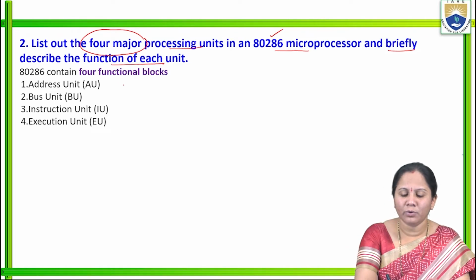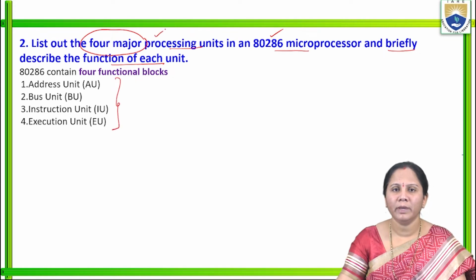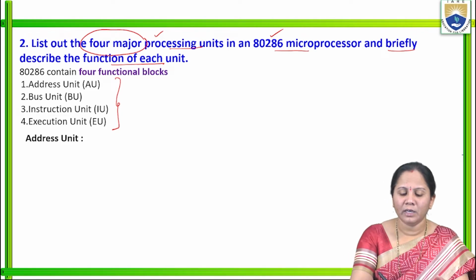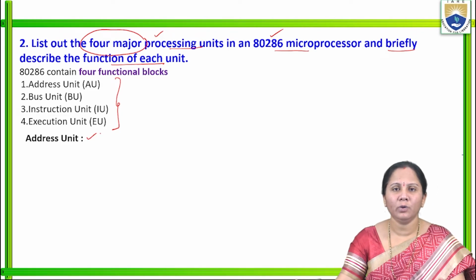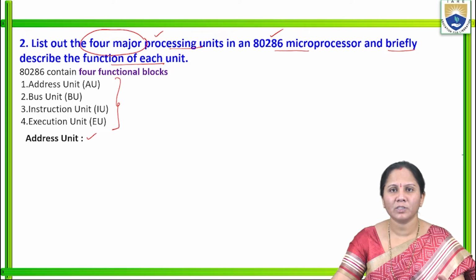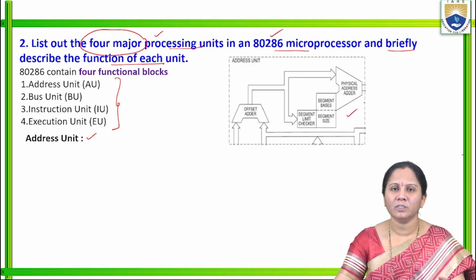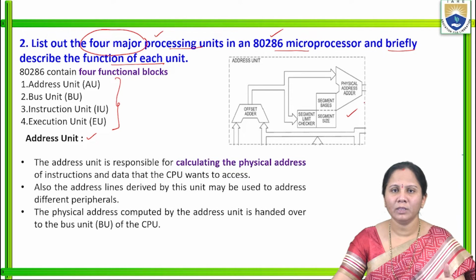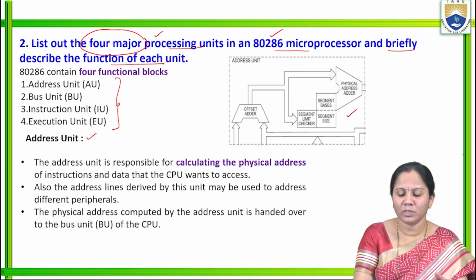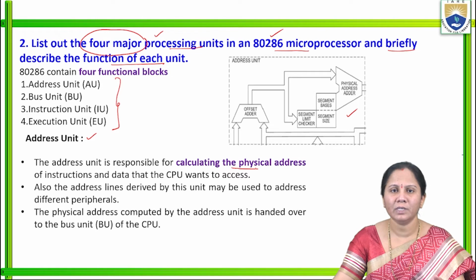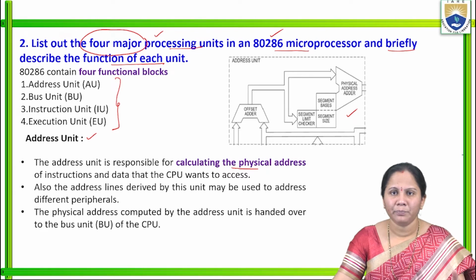So this 80286 consists of all these 4 major processing units, and the function of each processing unit is, if we consider the first unit, that is address unit. It consists of all these blocks internally. With the help of all these blocks, address unit is going to calculate the physical address generation.